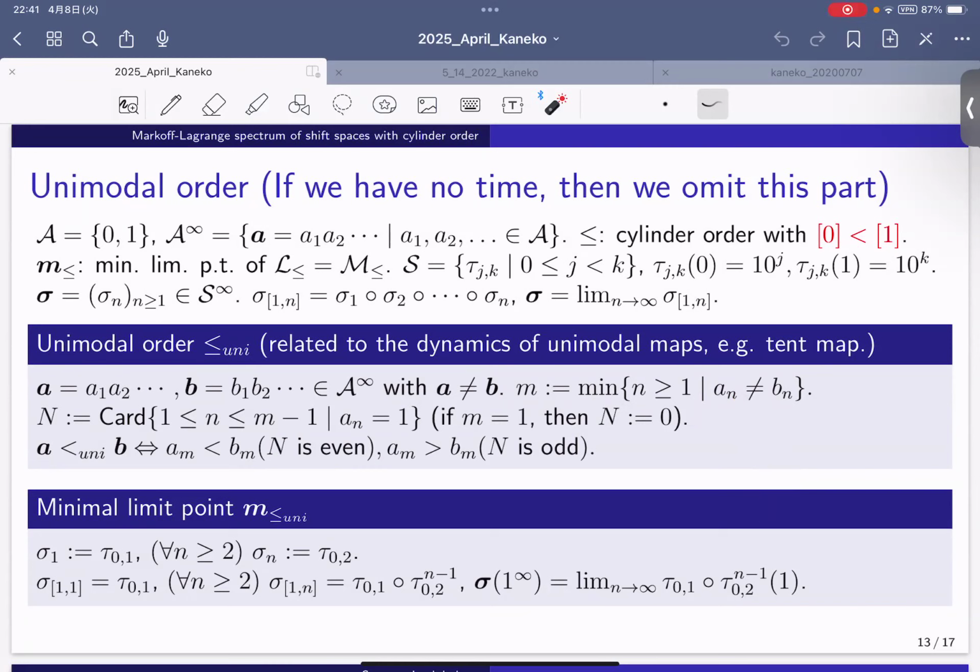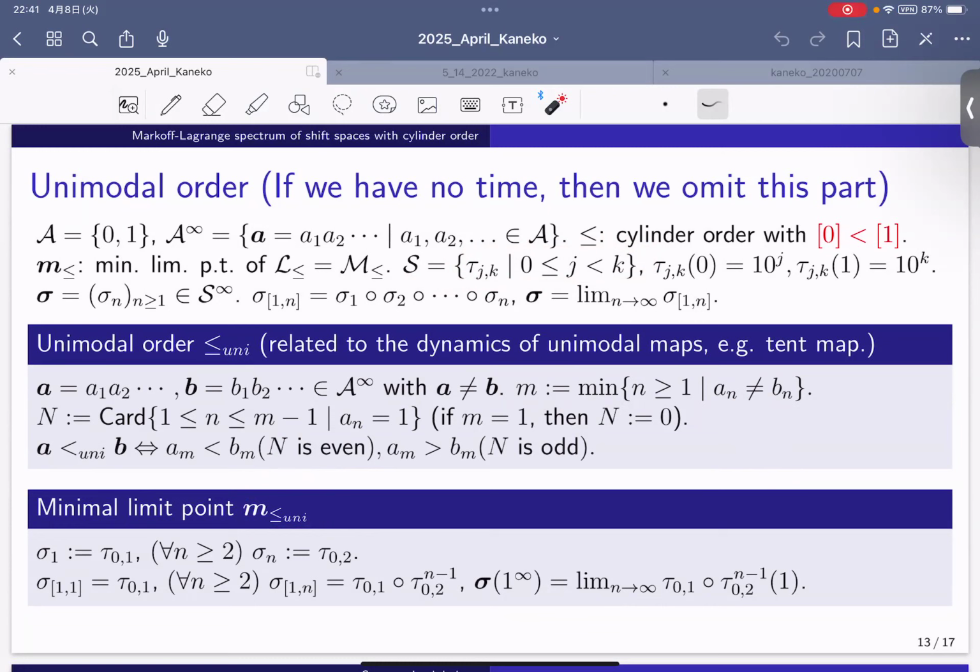Even in this case, we can determine minimal limit points in terms of this tau jk. I'm sorry, but because of time, I'll omit the detail.